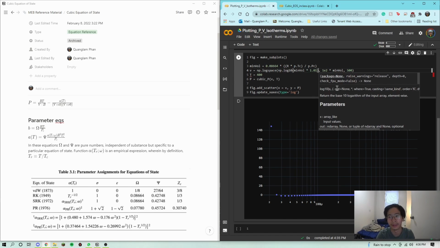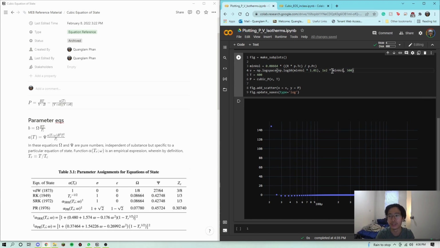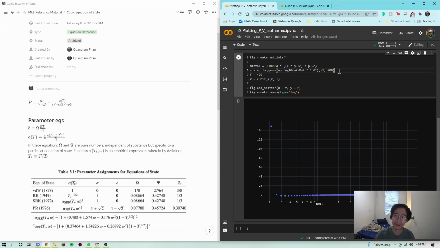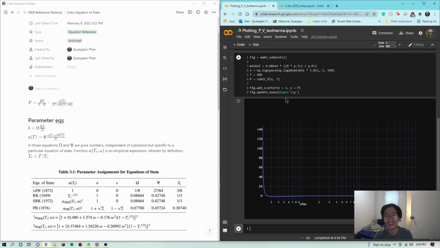We still want to think in percentages, and we know that over here it's something like 0.001, so we'll make the maximum like 10 to the negative 2. Excuse my voice crack. Okay, look at that. We see the beginnings of that van der Waals loop, and then the behavior of a 1 over x.